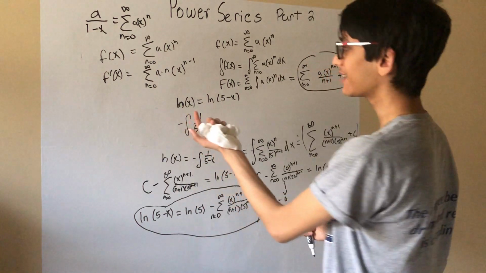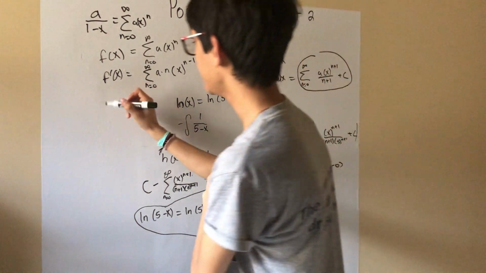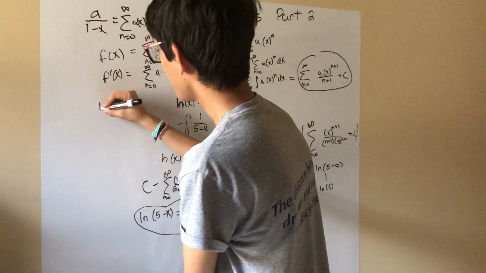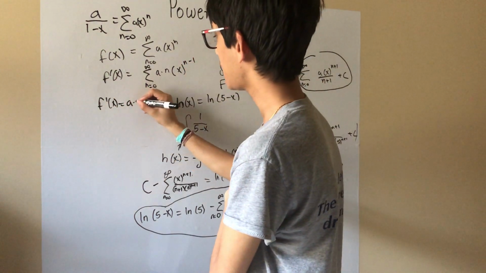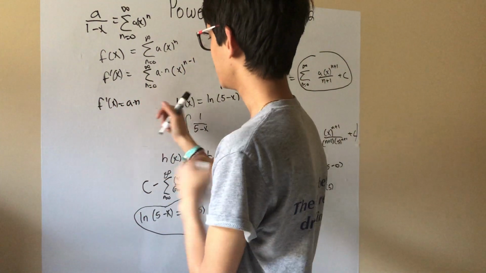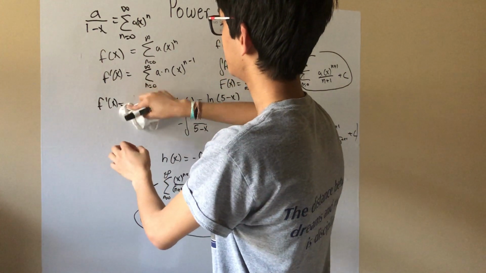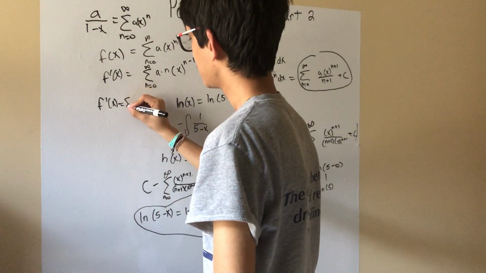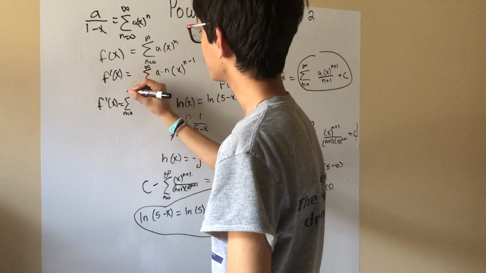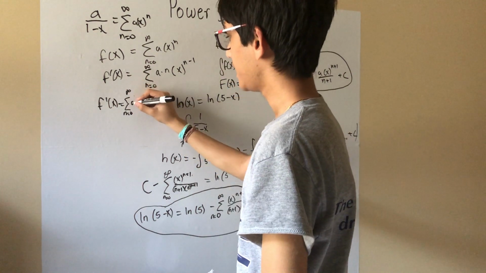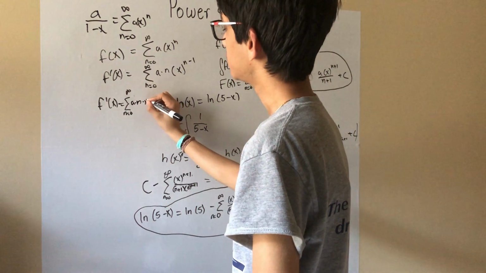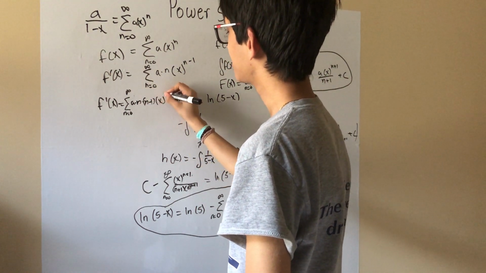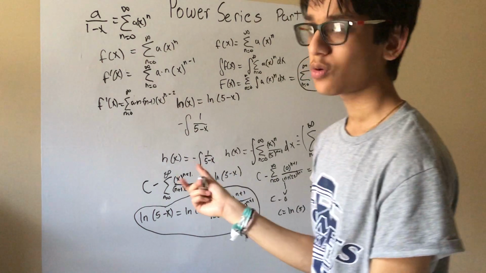You can take like second derivatives, right? Like in this case, f prime of x equals a times n. That's still a constant. Wait, I forgot my summation sign. The sum from n equals 0 to infinity of a times n minus 1, because you just bring it down, times x to the n minus 2, and then like so on.